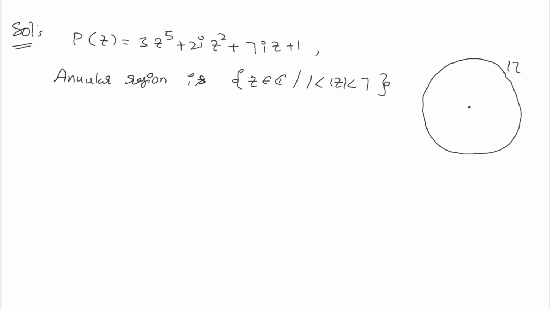This is mod z equal to 7, and suppose this is the circle of center 0 with radius 1, that is mod z equal to 1. So now the annular region is the shaded region, that is this.